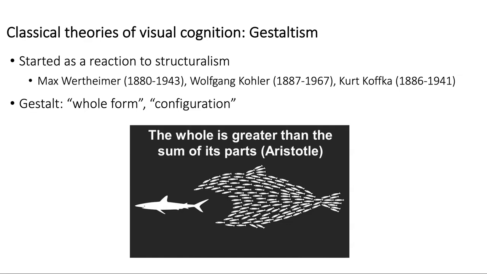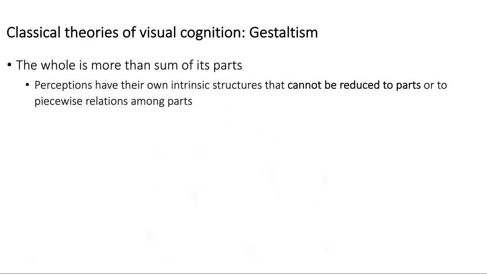They focused on configuration and perceptual organization, and their motto was first said, as far as we know, by Aristotle, who said that the whole is greater than the sum of its parts. And they gave many examples of this, and in many ways they were actually saying it correctly.